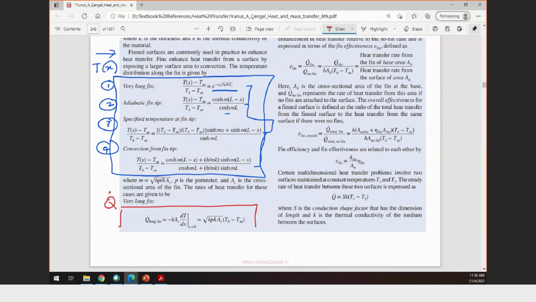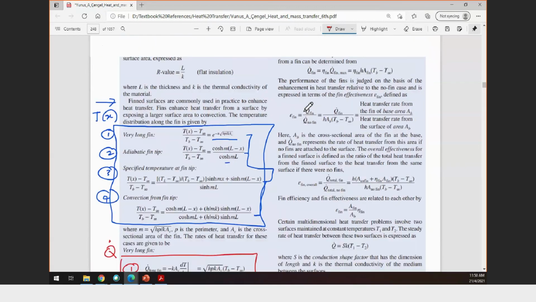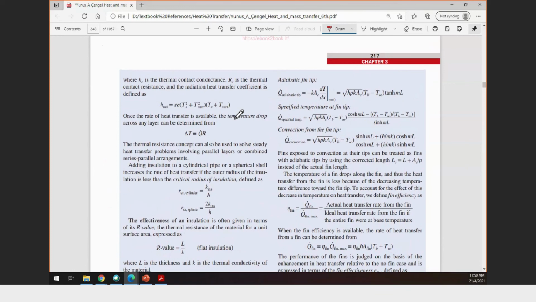This is case 1, first without hyperbolic function. And this is the second, third, and fourth.